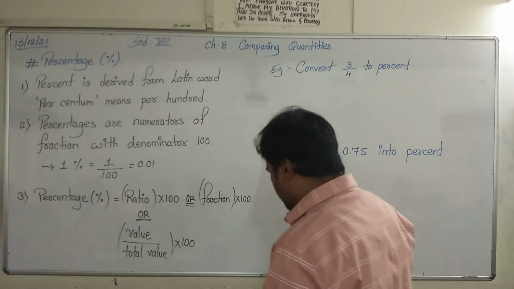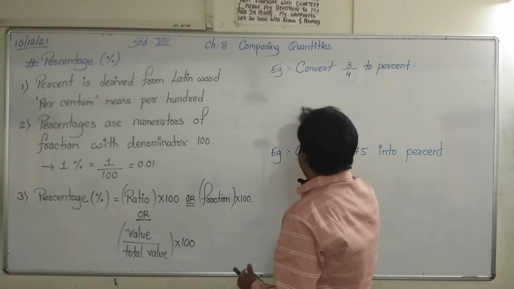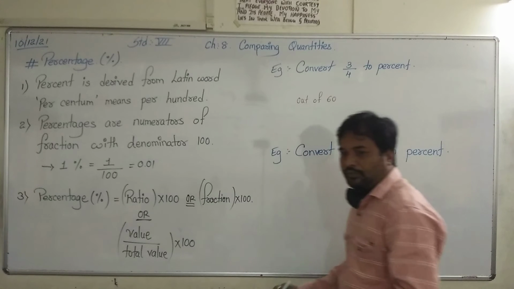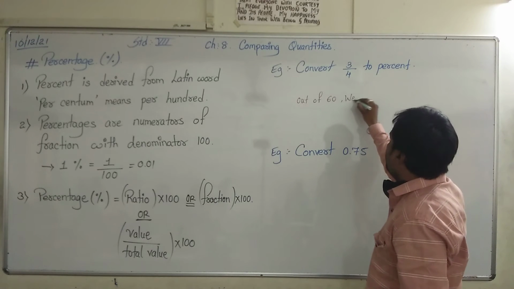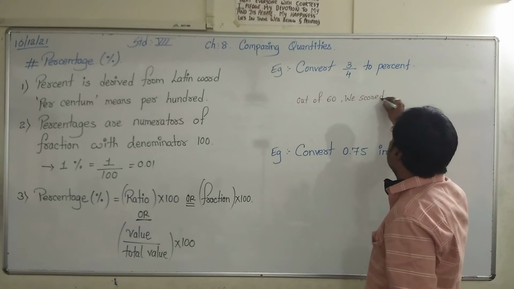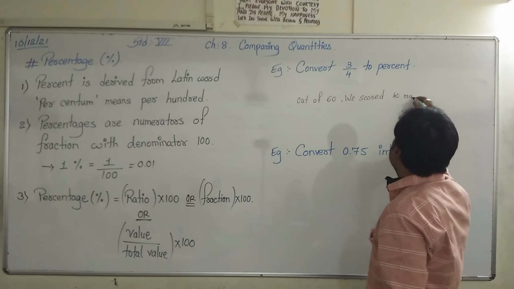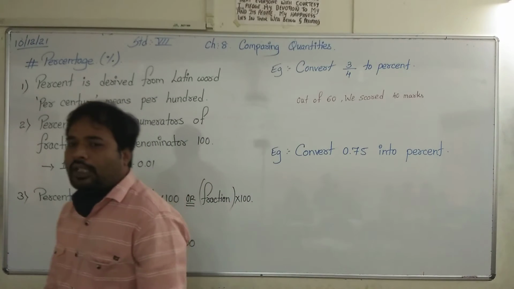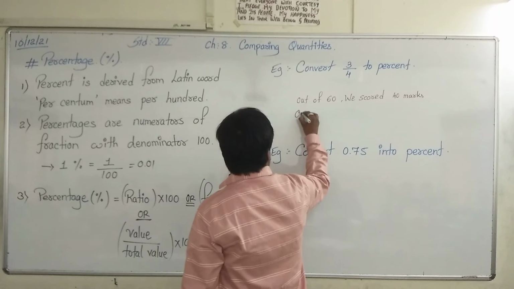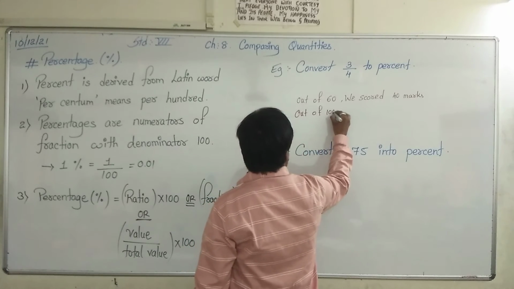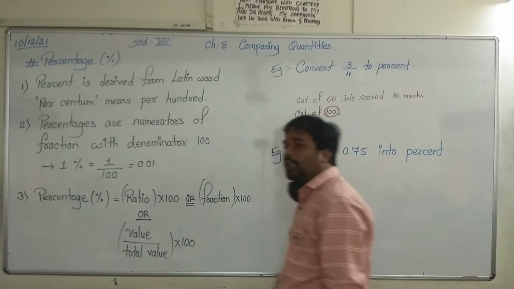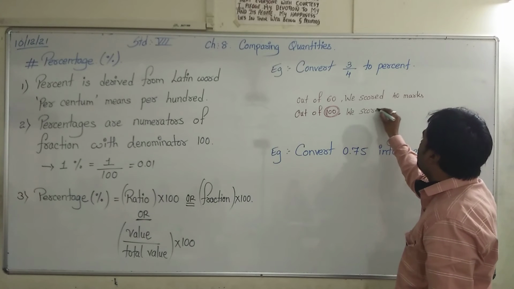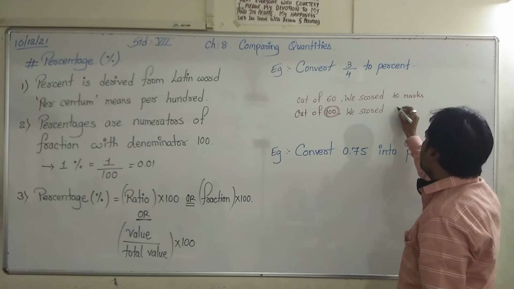For example, if out of 60 we score 40 marks, then out of 100, the percentage always deals with 100, so how many marks do we score?